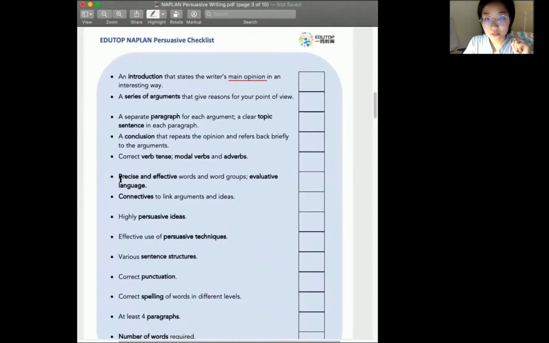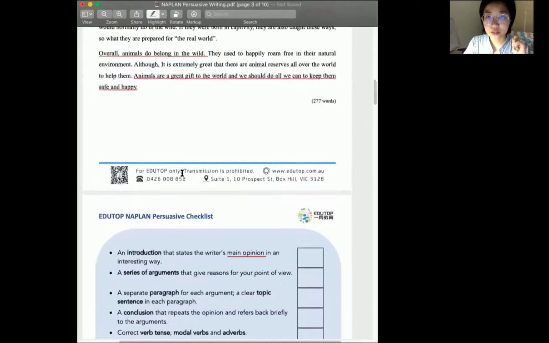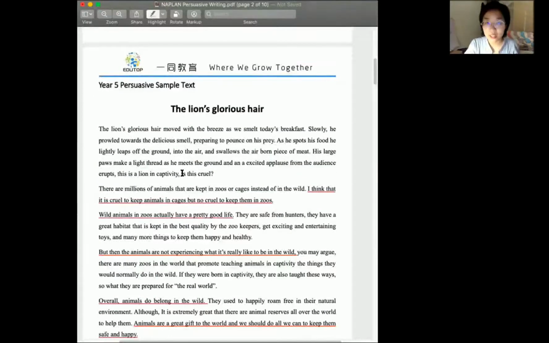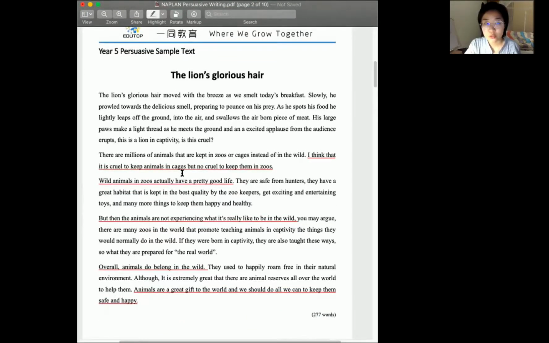So the first one is, do we have correct verb tense? So think about persuasive writing, what tense should we use? Should we use past tense or present tense? You can see for narrative, we might use past tense, that's fine.